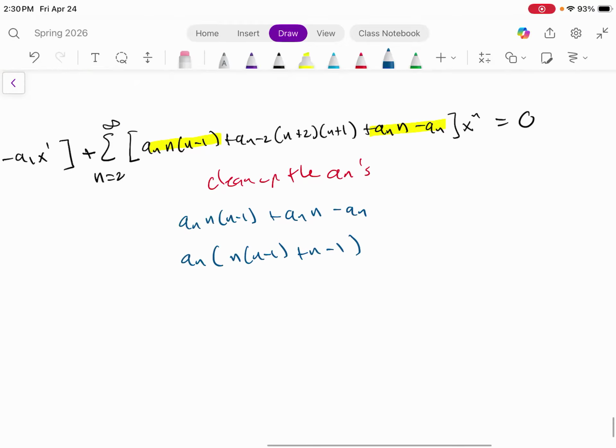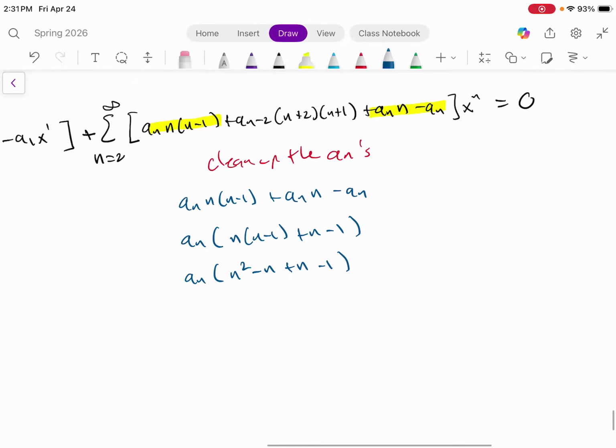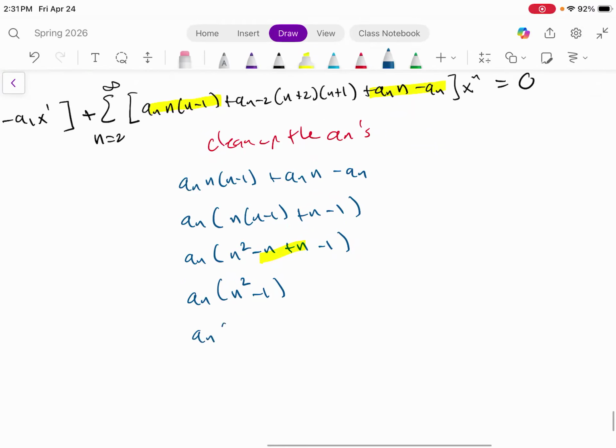Okay, and then we can clean this up a bit more, distributing that n. So this would be like n squared minus n plus n minus 1. Well, the n's cancel out. So n squared minus 1. And so I could write it like n plus 1 and n minus 1.